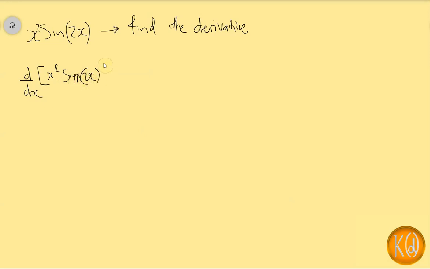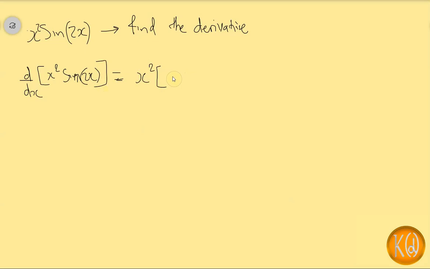again that would be the first times the derivative of the second, which in this case the first is x squared, so let's say x squared times the derivative of sine 2x.